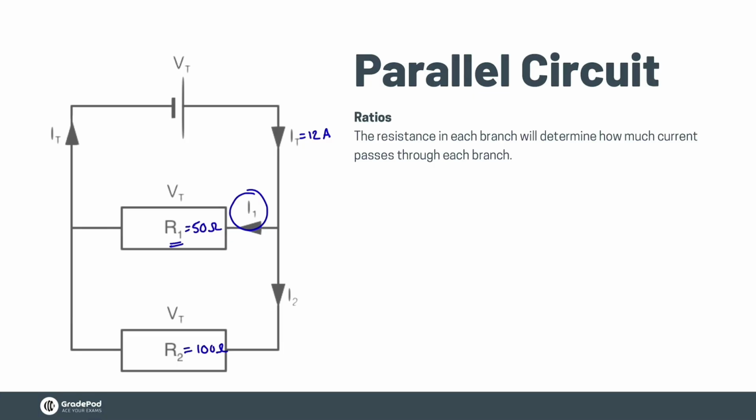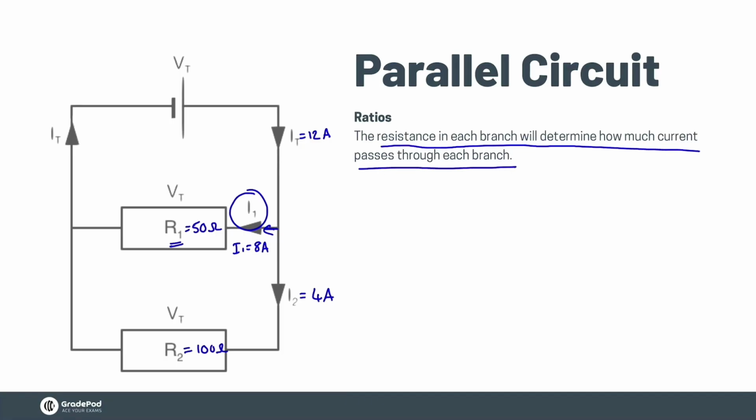So what we'd have on this branch is I1 equals 8 amps. And down here on branch 2, what we'd have is I2 equals 4 amps. And that's because R2 is twice the amount of R1, so it gets half the amount of current. So the resistance in each branch will determine how much current passes through each branch.